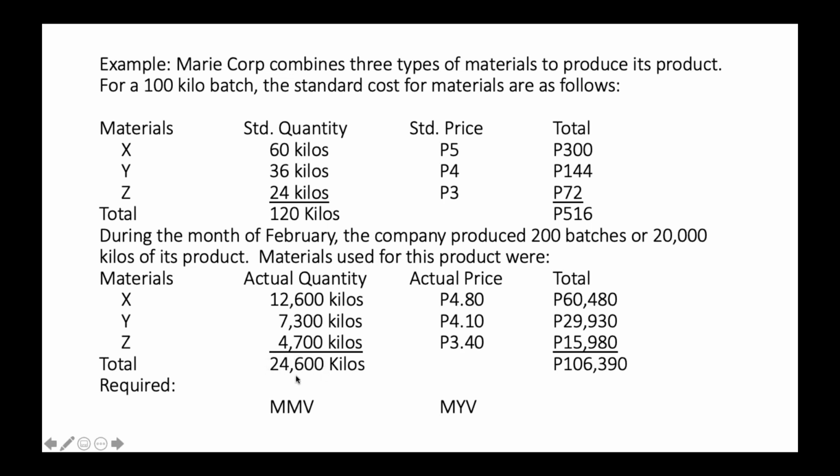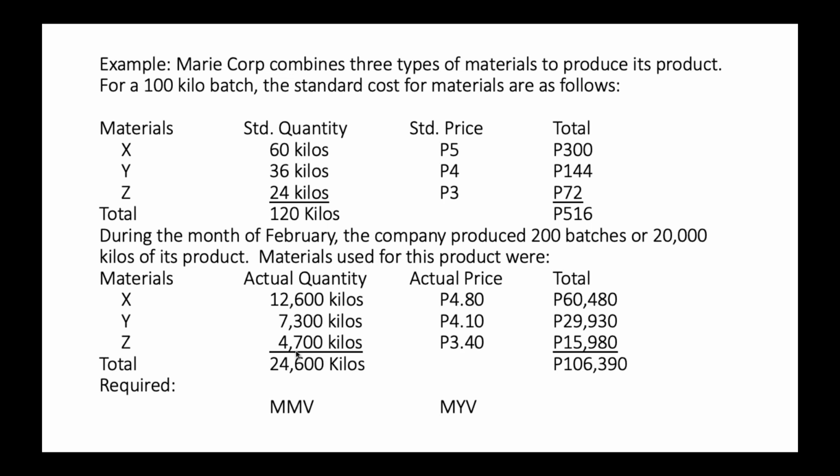From this actual total kilos consumed to produce the 20,000 kilos or 200 batches, 50% of this should have been used for X. 30% of 24,600 should have been used by Y. 20% of this should have been used for the material Z, right? So this is the actual quantity.